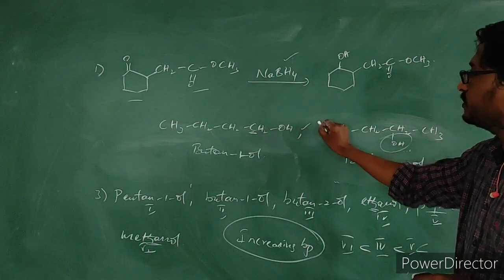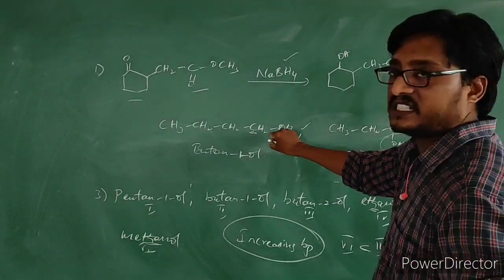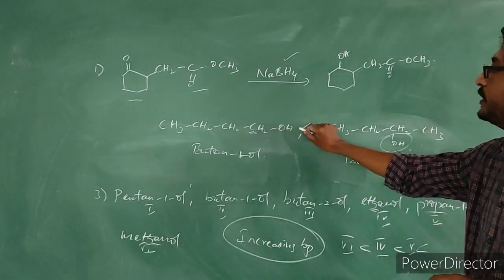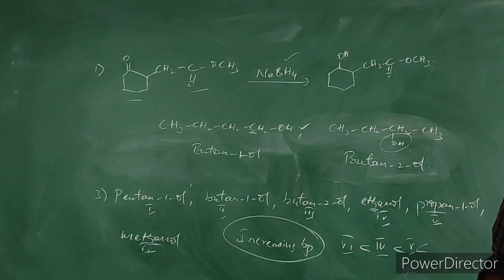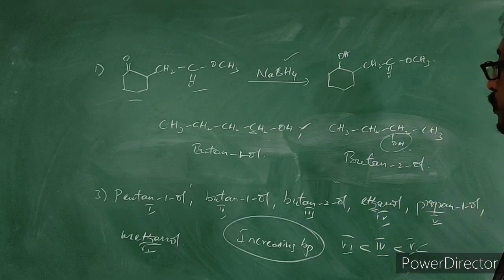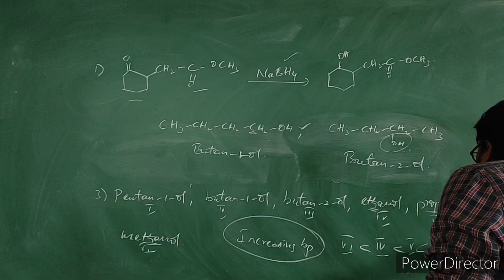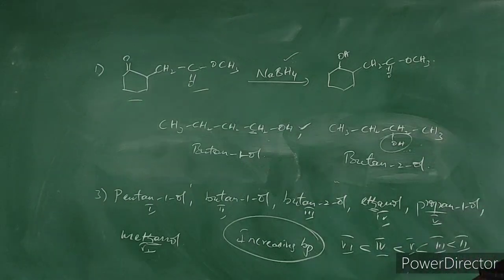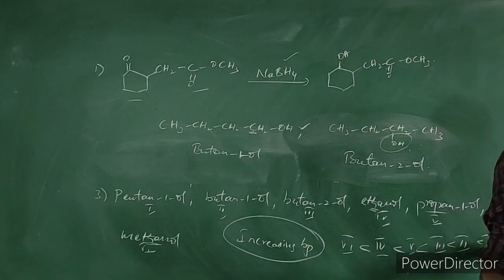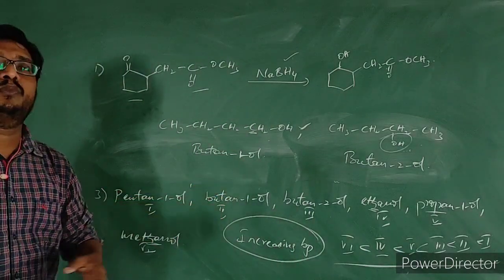Here there is no such thing. Here branching is present, here there is no such branching. So butan-1-ol will have more surface area, so it will have a higher boiling point when compared with butan-2-ol. So it is less than 3, 3 is less than 2. The last will be 1. So this is the order of boiling point with respect to these compounds.